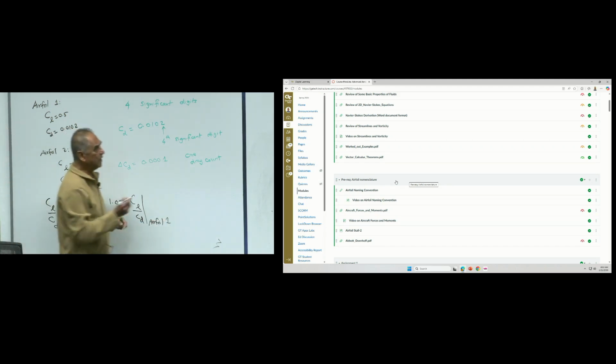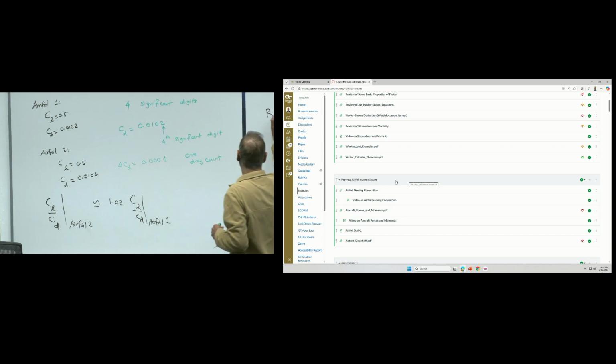Now, aircraft range, how far they can travel, depends on V infinity times the lift to drag ratio. So the lift to drag ratio determines how far you can travel.